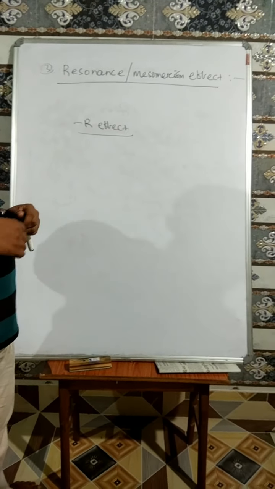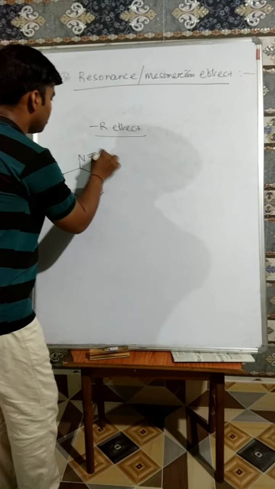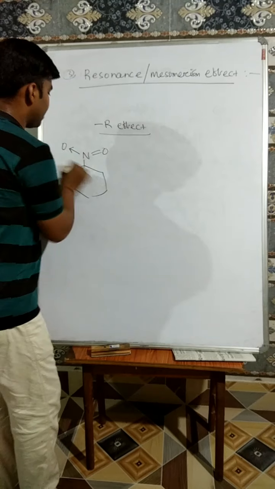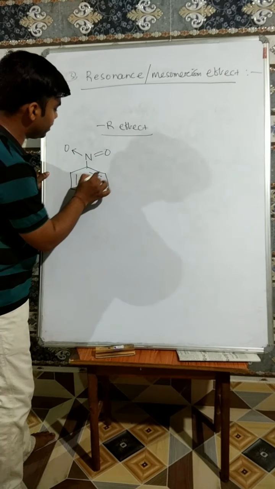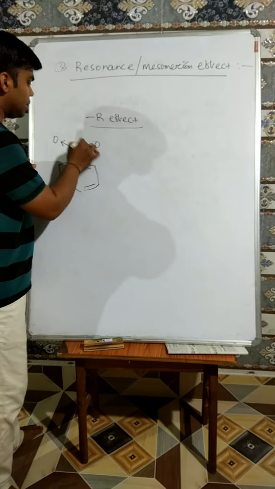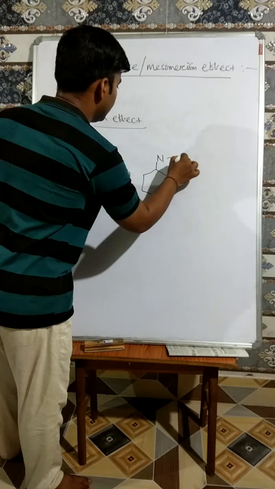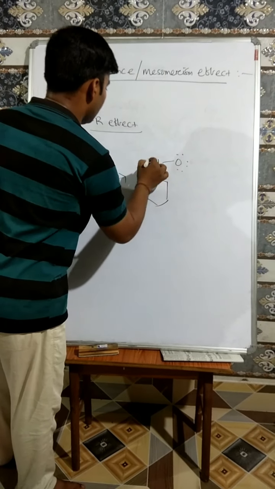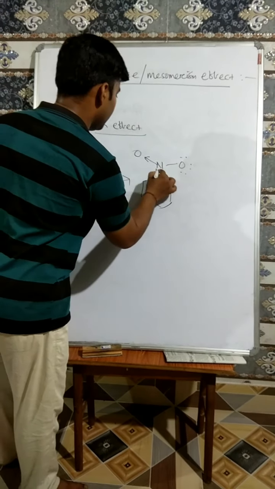Suppose in case of nitrobenzene, what will happen? Here first the nitro group withdraws or attracts the pi electrons towards its side. So it became now like this, and here a double bond, here the positive charge.